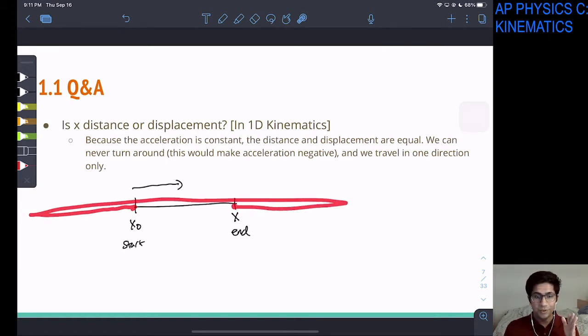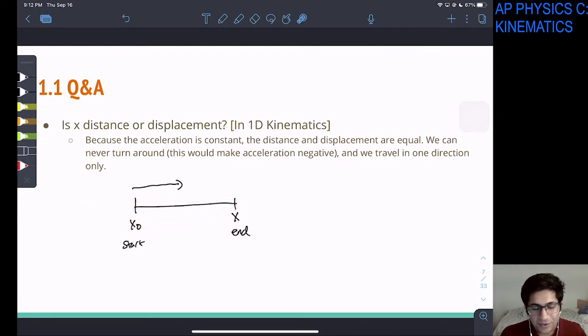Now your displacement is the same, your start and end point are the same, but you've traveled more distance. If you were to actually run this, you'd be pretty mad: I went 4 miles, not this 1 mile over here. And you can only turn around if your acceleration turns negative. So that's just something to think about.